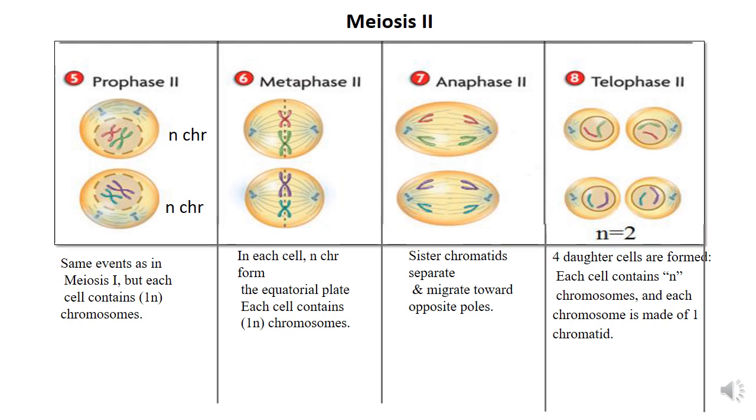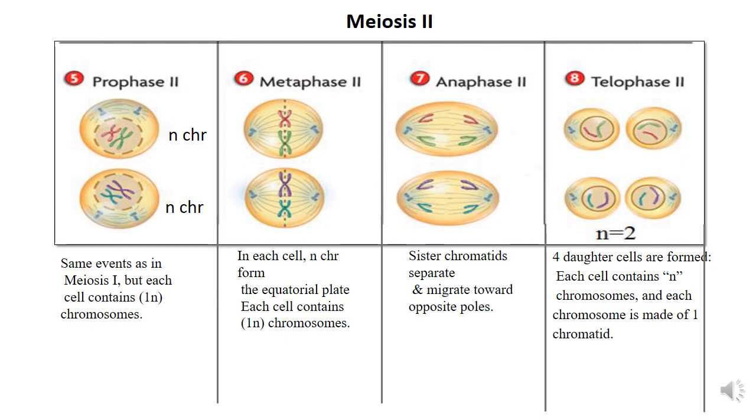What happens in metaphase II? Each daughter cell, we have here 2 daughter cells of course, and both of them are undergoing meiosis II. So each daughter cell starts metaphase II. As you can see, the N chromosomes now line up, forming the equatorial plate. So each cell contains N chromosomes, and these N chromosomes are on the equator of the cell.